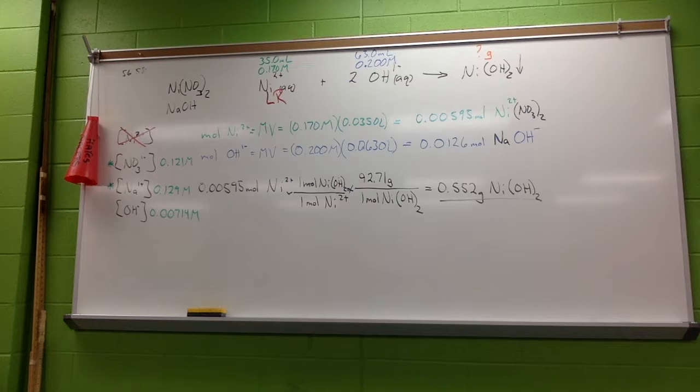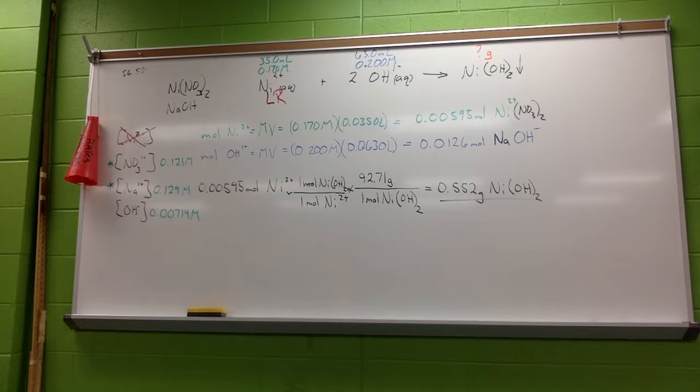Okay, so what's the limiting reactant? How much hydroxide ion is present initially? 0.0126 moles. Okay. Some of that ended up as a precipitate.